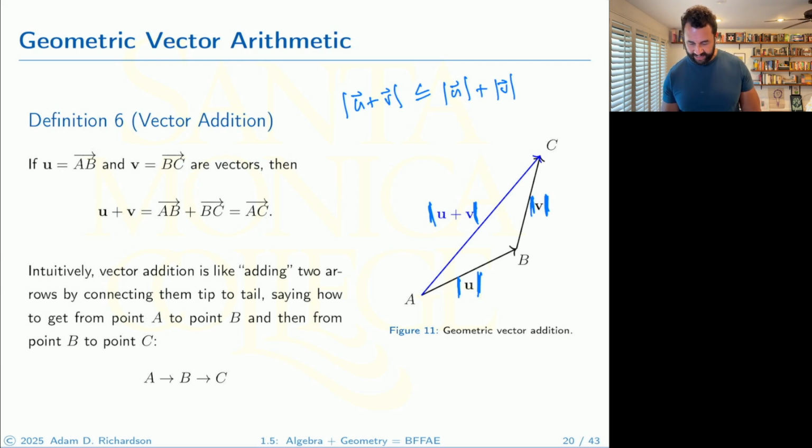Because what it's saying is that if you travel this distance in this direction and then you travel this distance in that direction, that's always going to be more or equal to going straight from A to C. I always like to think about it as if you go from home to the store and then from the store to school, the distance traveled will always be greater than or equal to if you had just gone straight from home to school. The only time it will be equal is if the store is on the path of that vector. That's the only time it'll be equal, right? There you go. So that's the triangle inequality for vectors.